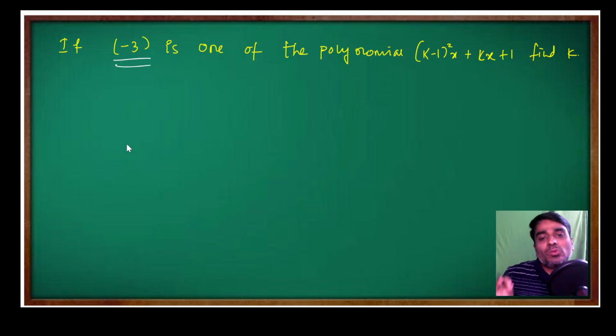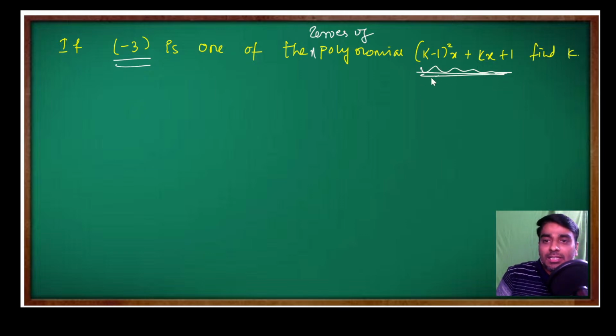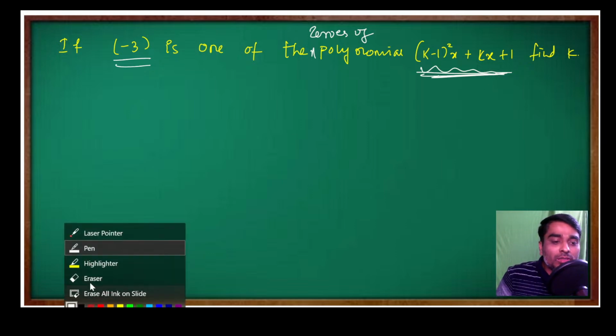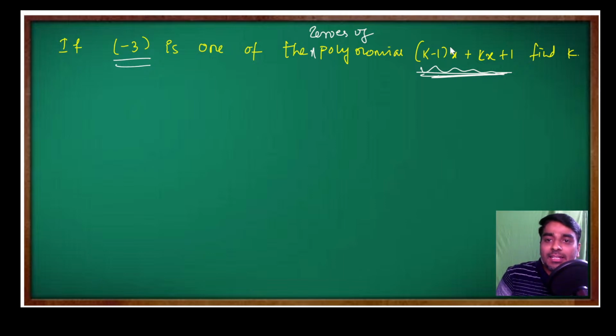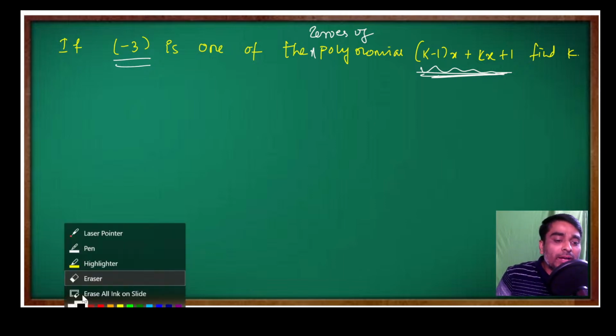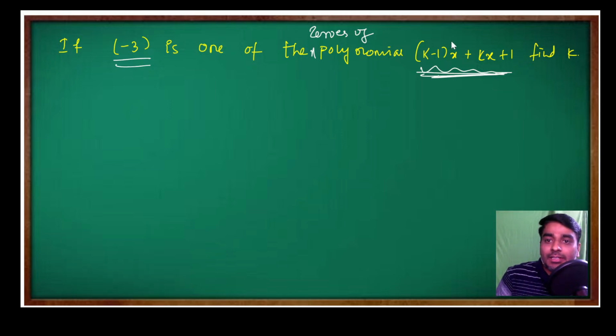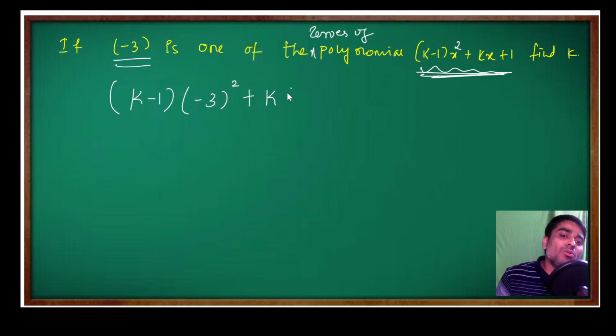If minus 3 is one of the zeros of the polynomial, that means in this quadratic polynomial you have to put minus 3 wherever x is there. So take k minus 1 into x square, means minus 3 square, plus k into minus 3 plus 1 equal to 0.